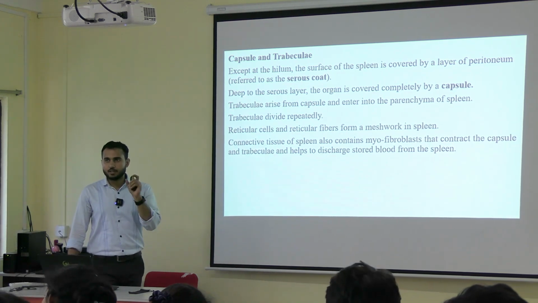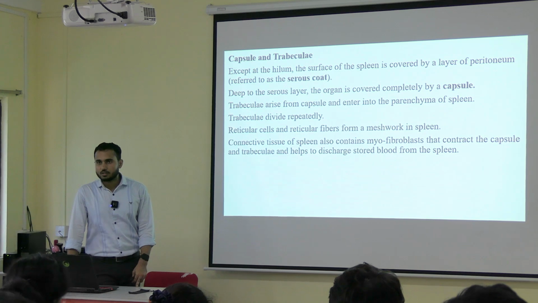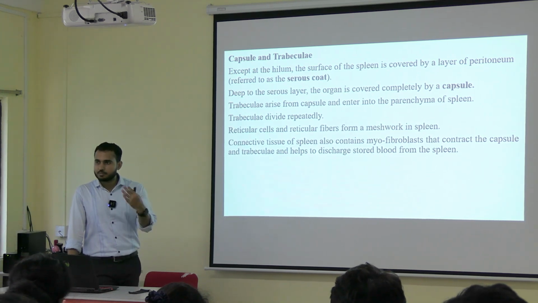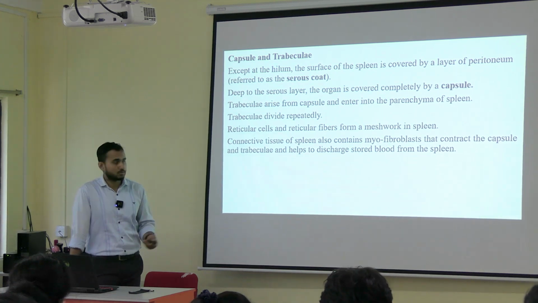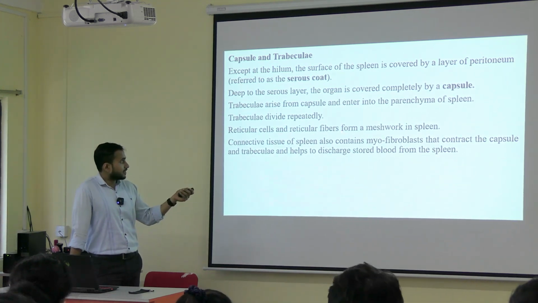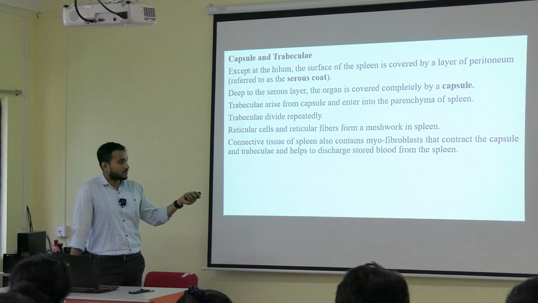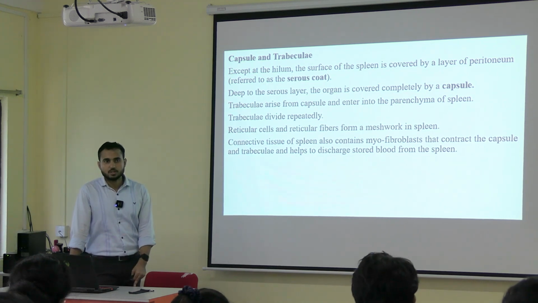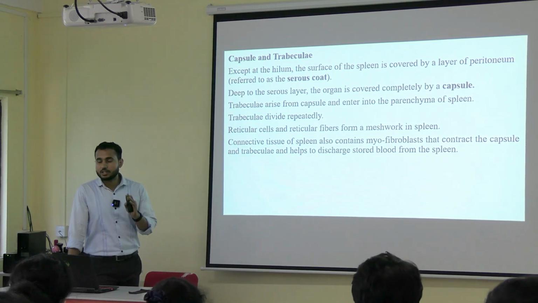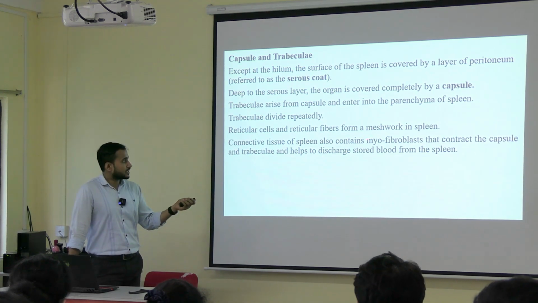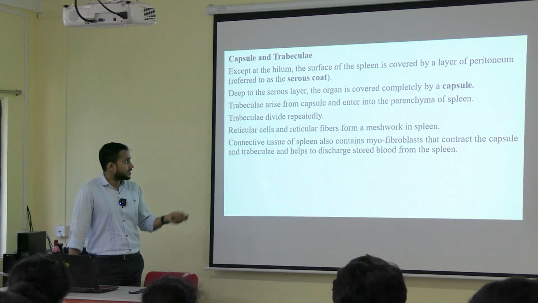In most lymphoid organs, the framework is made up of reticular fibers, or you can say reticular tissue. So reticular cells and reticular fibers form the framework or meshwork of the spleen. Any lymphatic organ, the meshwork is made up of reticular fibers and reticular cells.